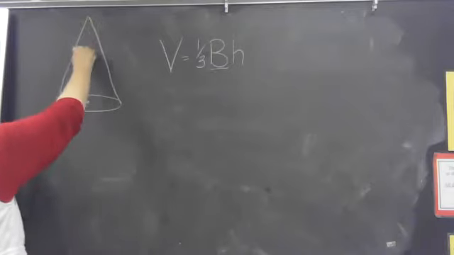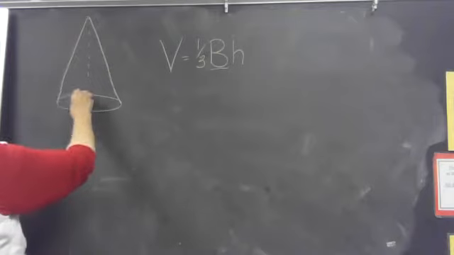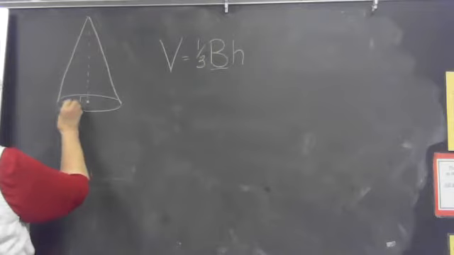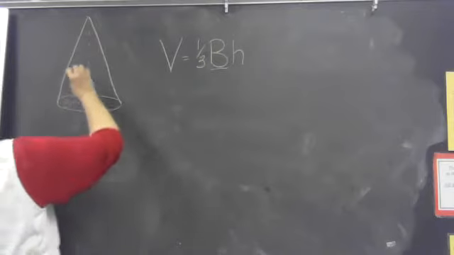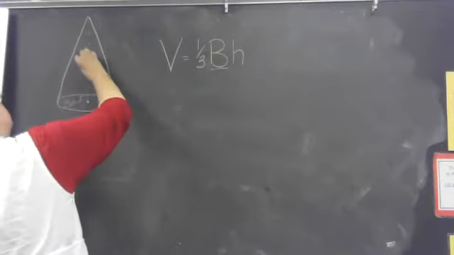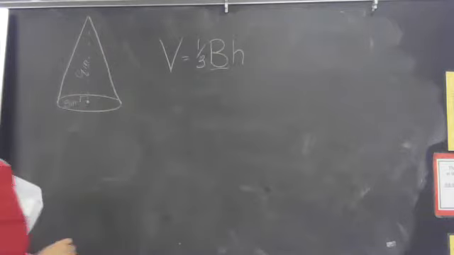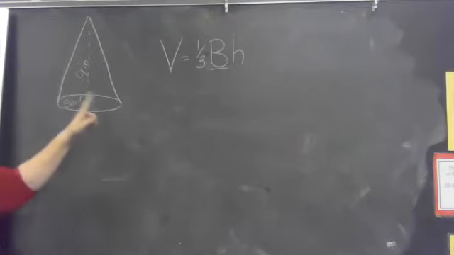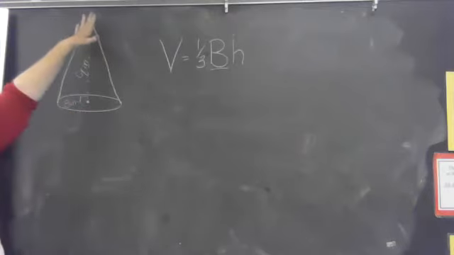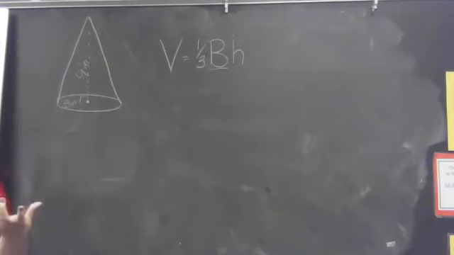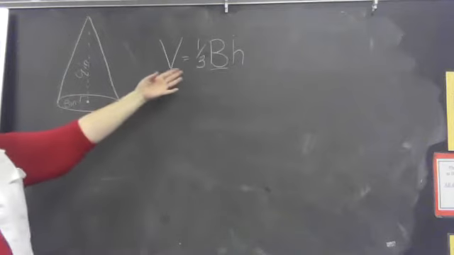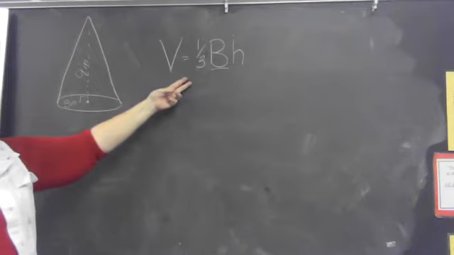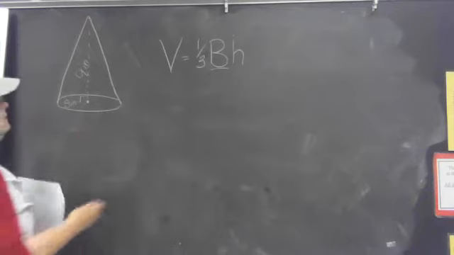Or a waffle cone, you know, for ice cream. 3 inches, and this is 9 inches. Okay, this is a cone, and it looks the same as a pyramid because it has a base and it comes to a point, okay? So in actuality, you are going to do it exactly the way you do a pyramid, but the formula on your formula chart is going to look like this.